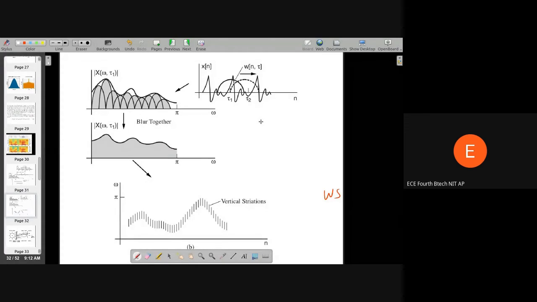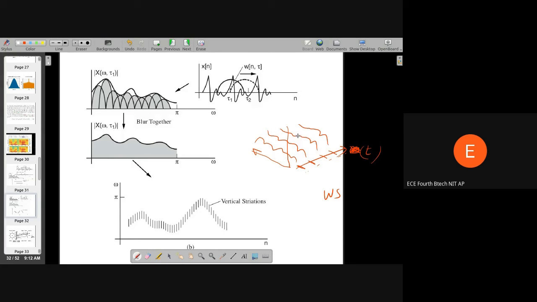And what is a spectrogram? You have the center of the frames. This is your time axis. The time axis is the center of your frame, and for every frame you get a magnitude spectrum, log magnitude spectrum, let's say.